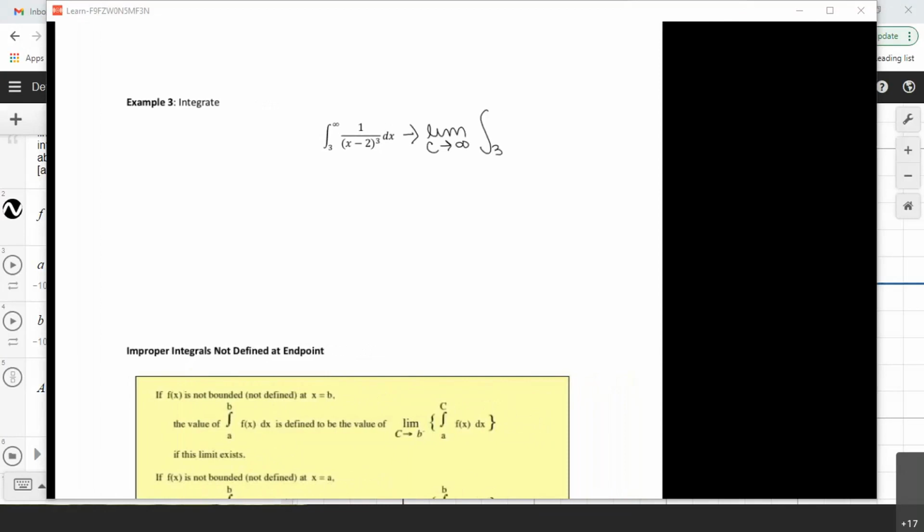This is 3 to c. And again, I'm going to rewrite my integral as x minus 2 to the negative 3 dx. Again, I took the quantity that's in the denominator and I just wrote it with a negative exponent. So let's take a look at this. What method of integration should I use on this?